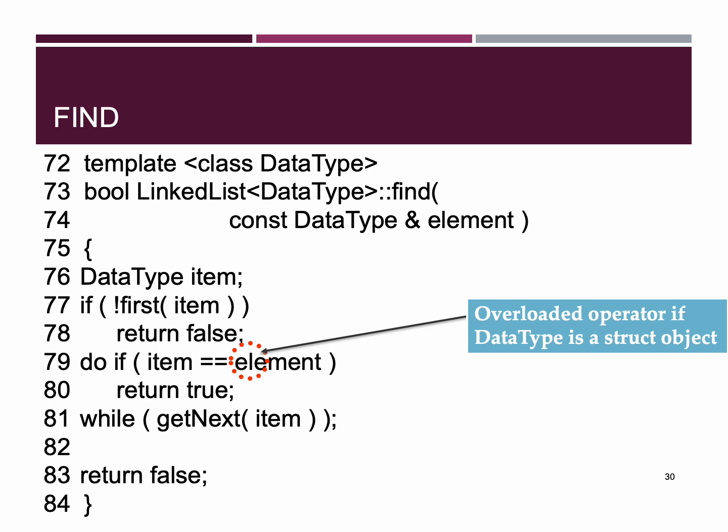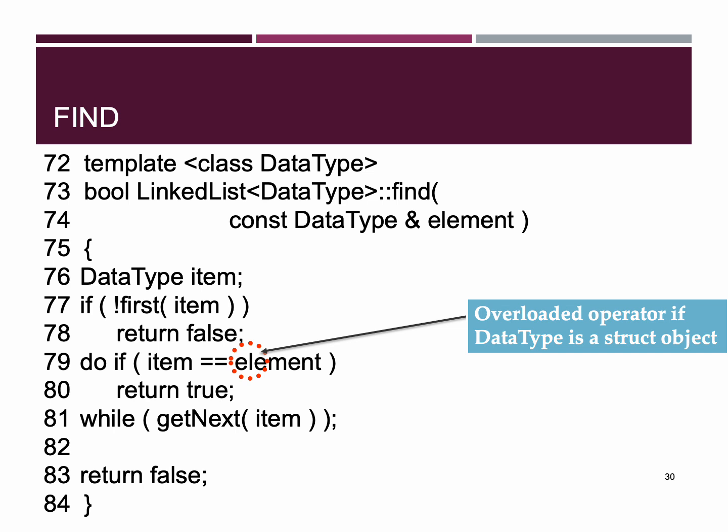Then we use a do-while loop to iterate through the list. Inside the loop, we compare the current item to the target element using the overloaded operator. This operator must be overloaded for struct objects to allow comparison of two data objects.